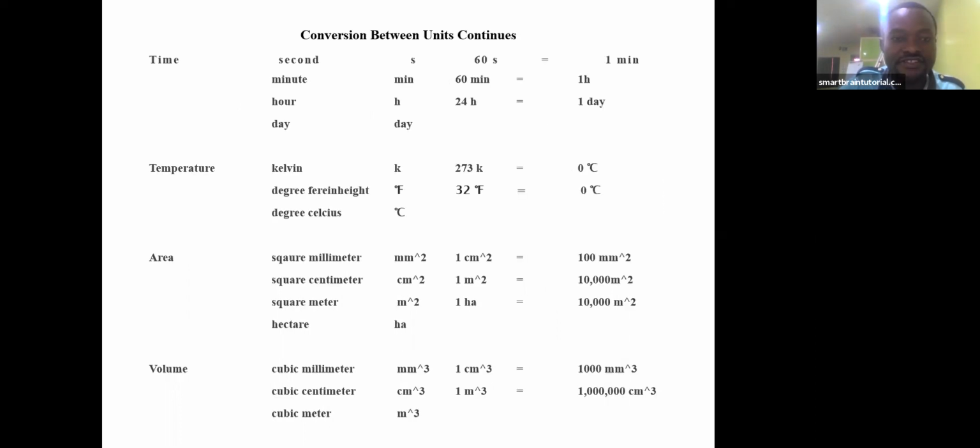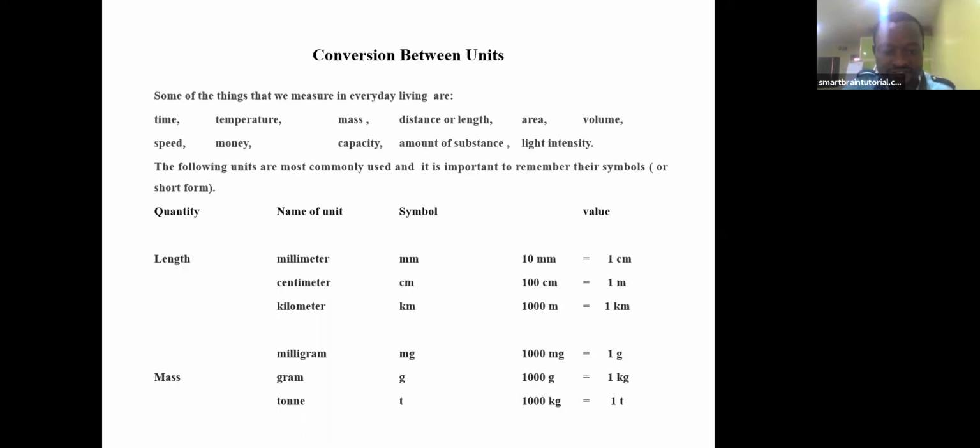Next is mass. Mass can be measured in very common units that are used today. We have the milligram. The symbol is mg. Now, 1,000 milligrams represent 1 gram. Then, next we have the gram.